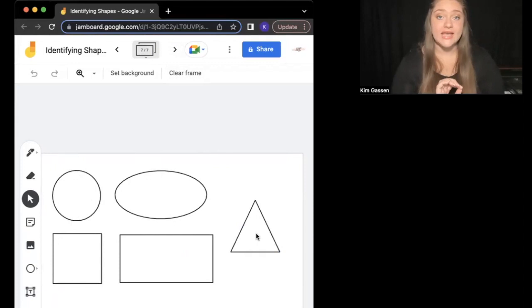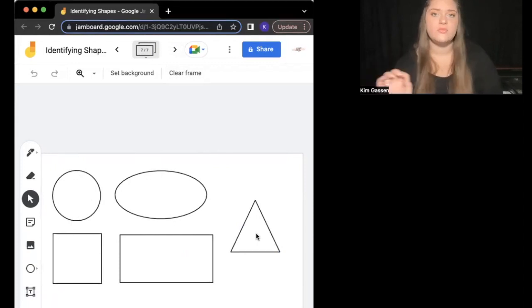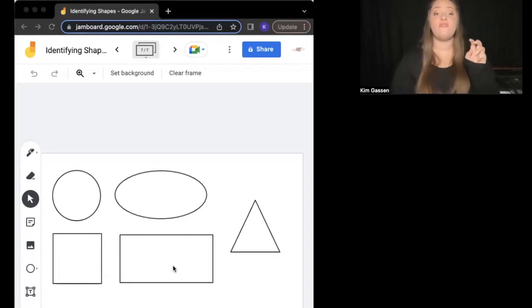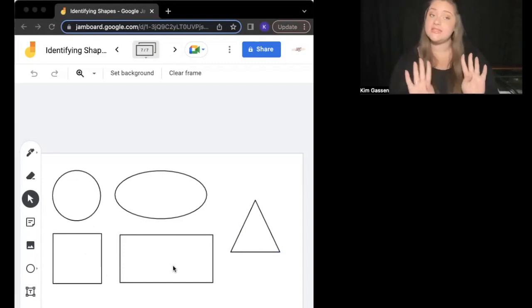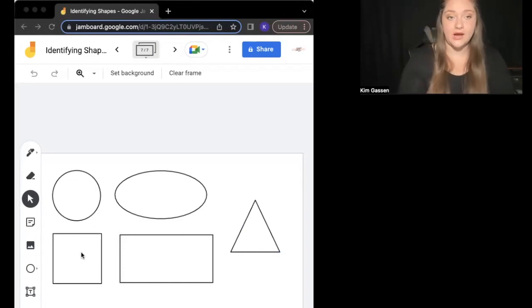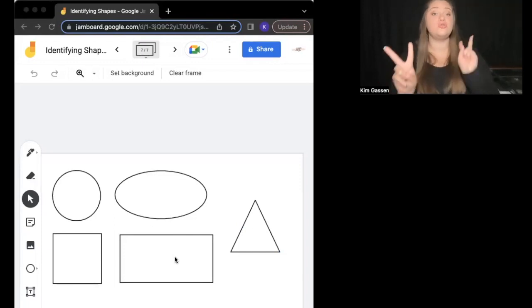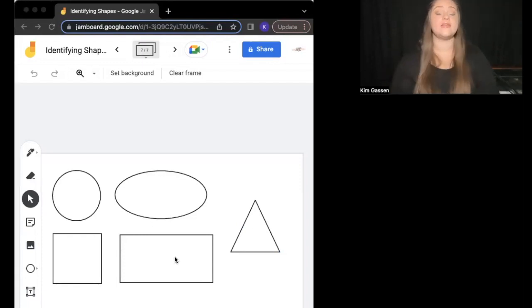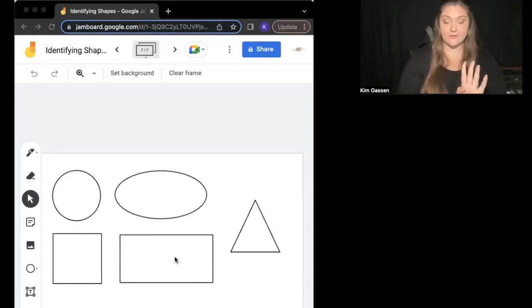They have 3 sides and 3 angles or turns. Then we have squares and rectangles. They have 4 sides and 4 angles. The difference between a square and a rectangle is that a rectangle has 2 pairs of equal sides, and a square has all 4 sides equal.